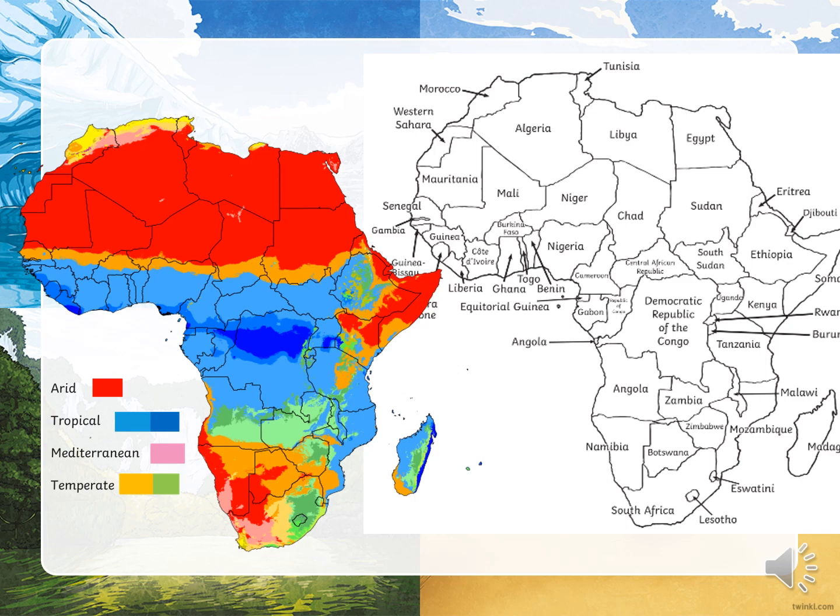So, question 1. What would you say is the climate in the Democratic Republic of the Congo? Pause the video, write down your answer. Question 2. What is the main climate in Egypt?